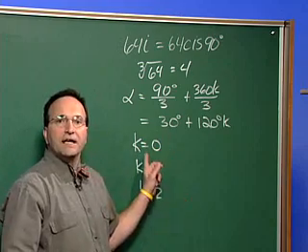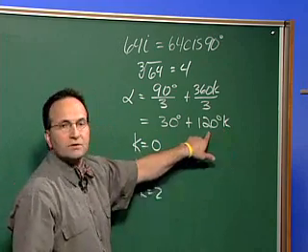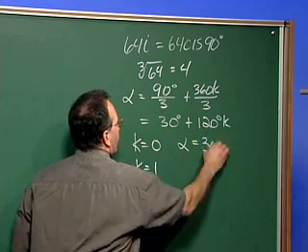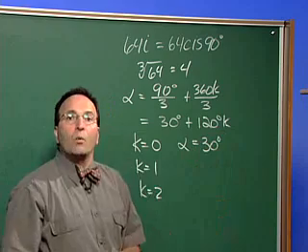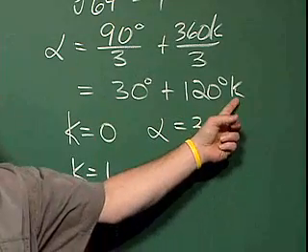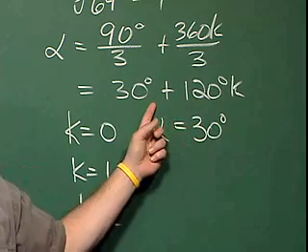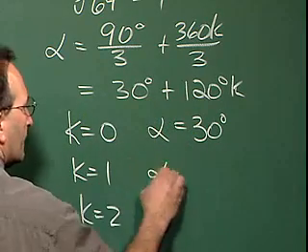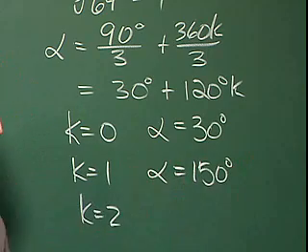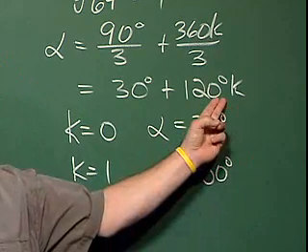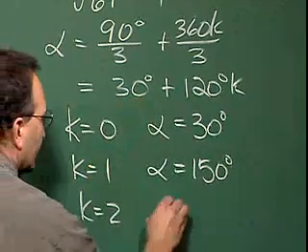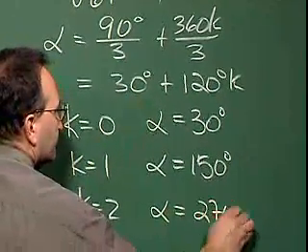And plugging those in, 0 times 120, of course, is 0, so that tells us that alpha is 30 degrees. What about k equals 1? 1 times 120 is 120 plus 30 is 150. Alpha equals 150. And finally, for k equals 2, we get 240 plus 30 for 270 for alpha.